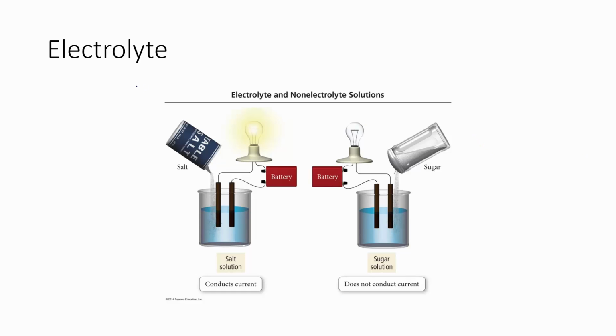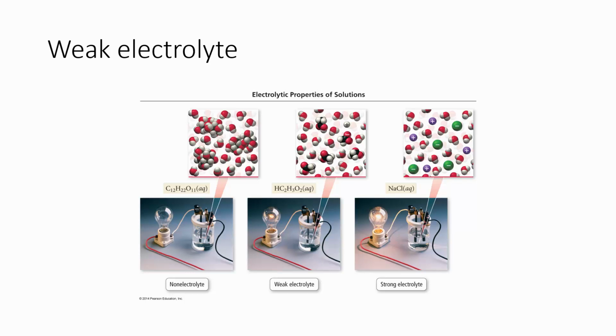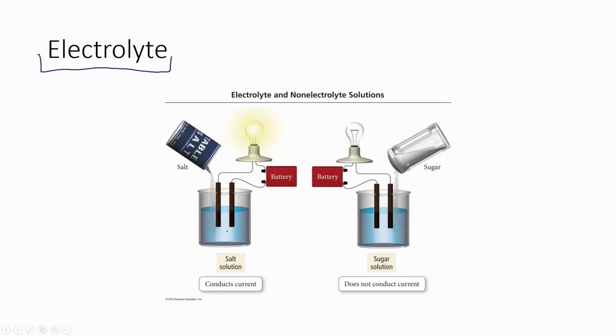We also have a concept of electrolyte, meaning able to conduct current. Things that break apart into ions, positive and negative charges, are conducive towards allowing electricity to flow from one side of a piece of metal to another.